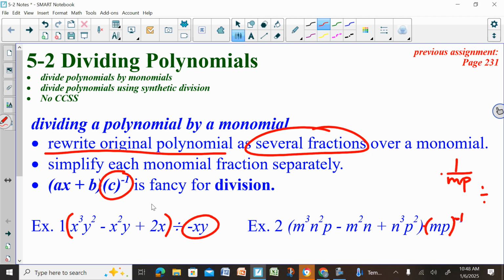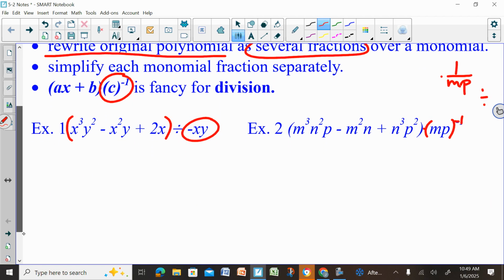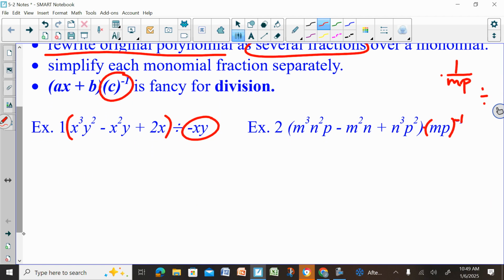So we write them as several fractions over that monomial, and then we simplify each of those monomials separately. So if you look at this first example, even though it shows the division sign of -xy, common error, I'm going to show you, but I don't want you to do this. A lot of people want to just write it down like this. This is another way that they show us in the book, or on a worksheet, and they're just being lazy.